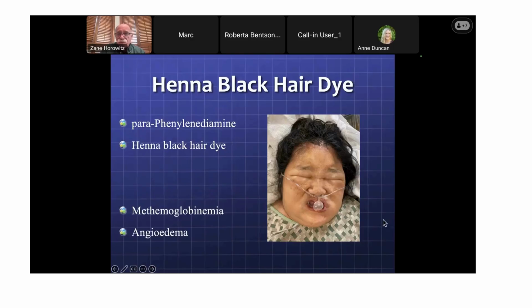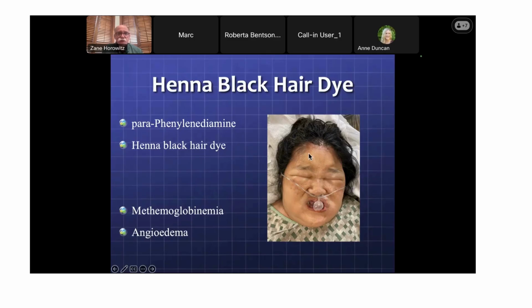One thing that we have seen that is a problem, and this is from our actual case that Matt Correa published, is henna, true henna, not fake henna, in black hair dyes. It has the compound paraphenylene diamine, and it can cause angioedema. I think you see this person's face is really swollen, and her forehead, right around where the hair dye was, is really, really swollen.